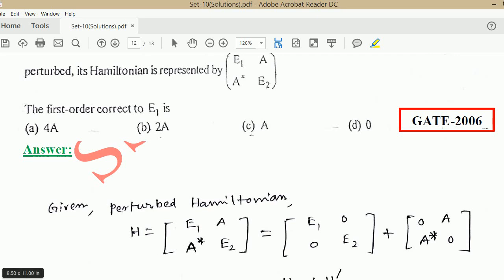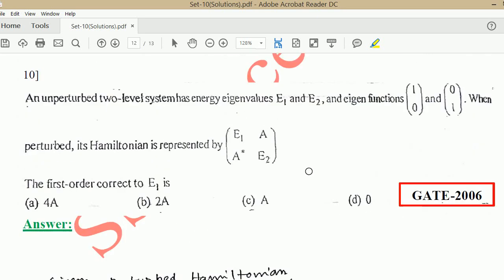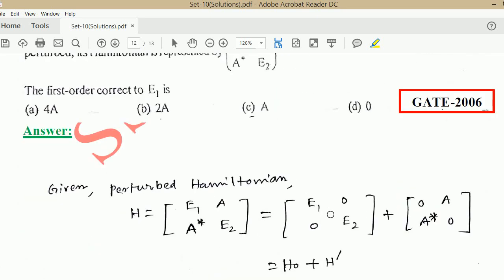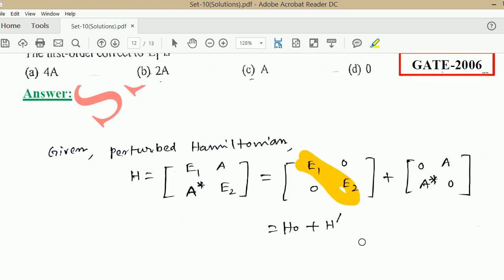So we can separate it out in terms of the unperturbed Hamiltonian plus the perturbation. If you separate it out, we can see how to write the perturbed Hamiltonian in terms of the diagonal elements. So we write H0 plus H prime, this is the perturbation term, this is the unperturbed Hamiltonian.